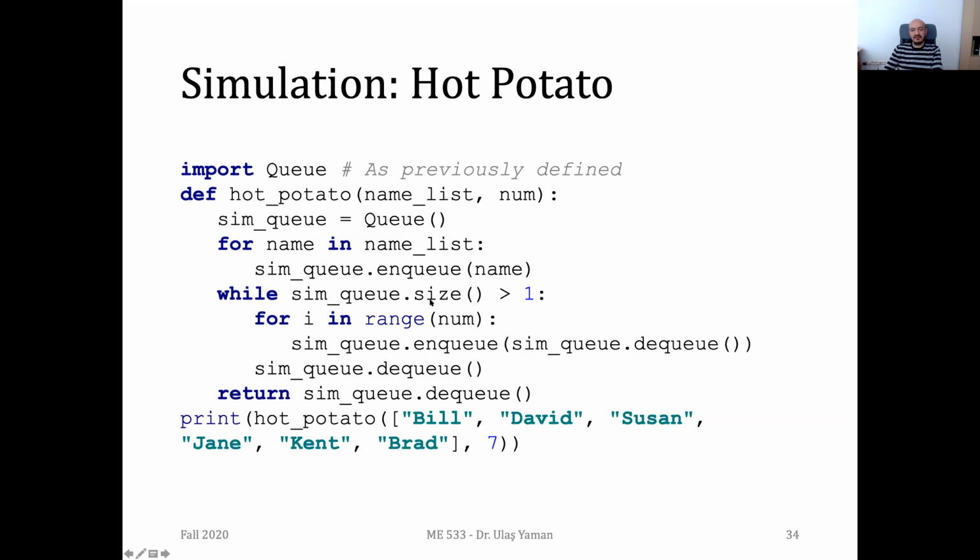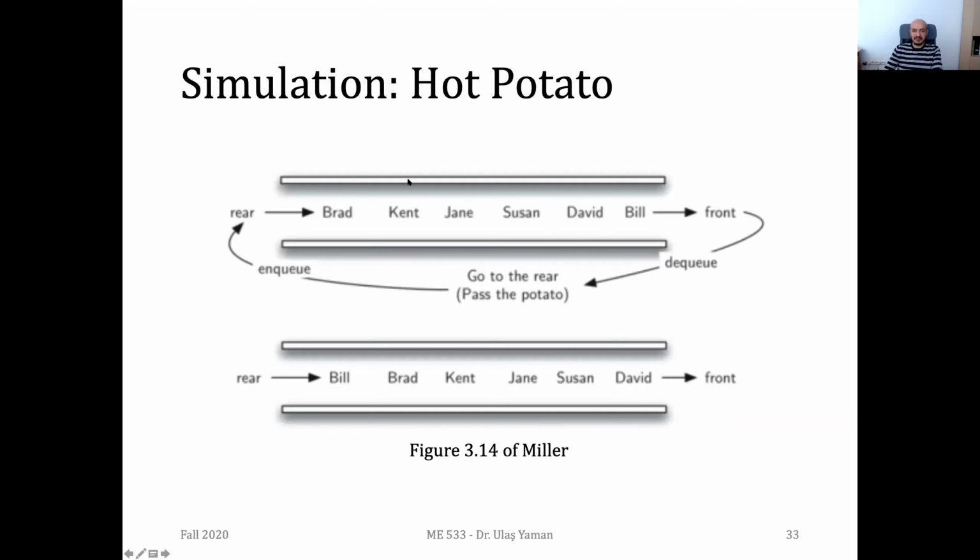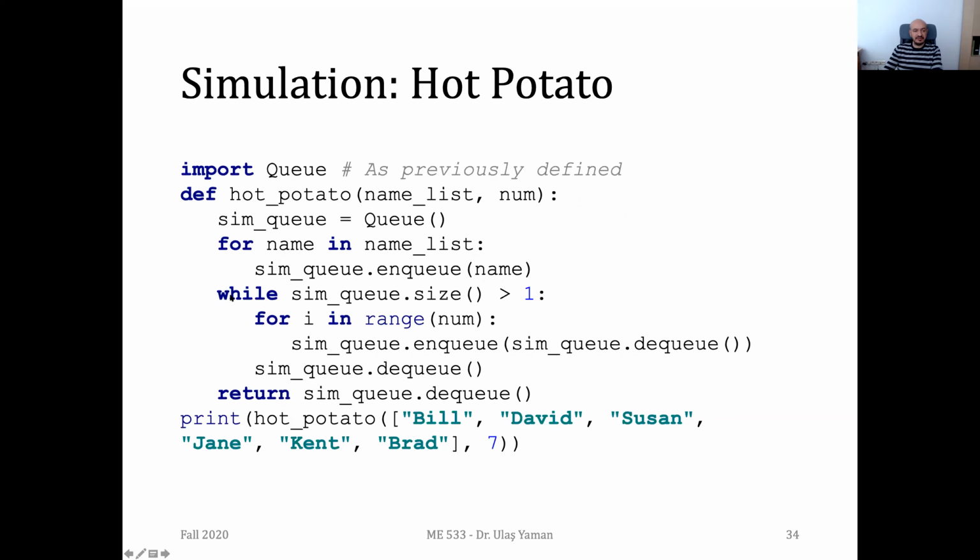Since 5 is larger than 1, we will run it once again for the given number, and remove one child again, and continue this game until we have just one child left in our queue data structure. Finally, if the number of children left is 1, we stop this while loop and return this child who is left in the queue data structure.